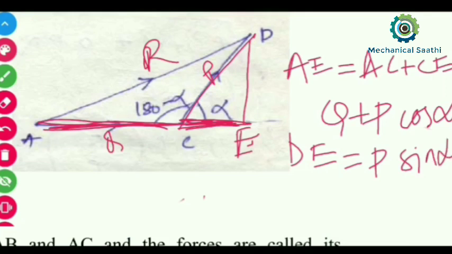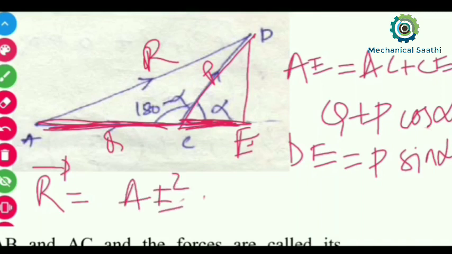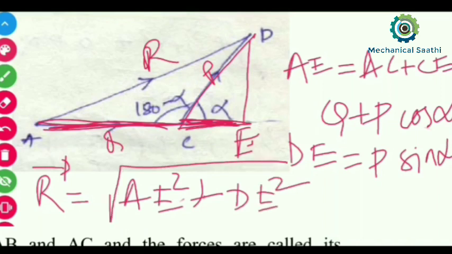Already we have calculated the value of R in the form of this equation, that is equal to the square root of AE square plus DE square. So now let us put these values of A and DE in this equation.